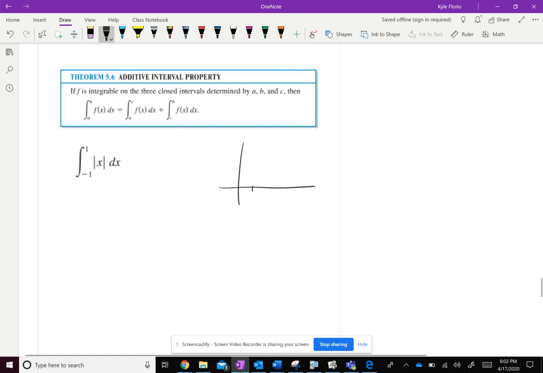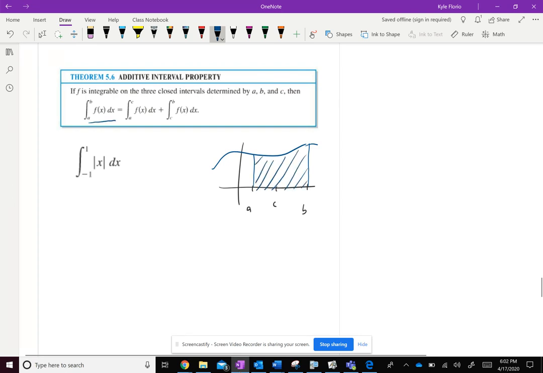So say I have some interval a to b, for example, and say c is somewhere in the middle. Here's my function. If I want to find the area from a to b, that would be this region right here.